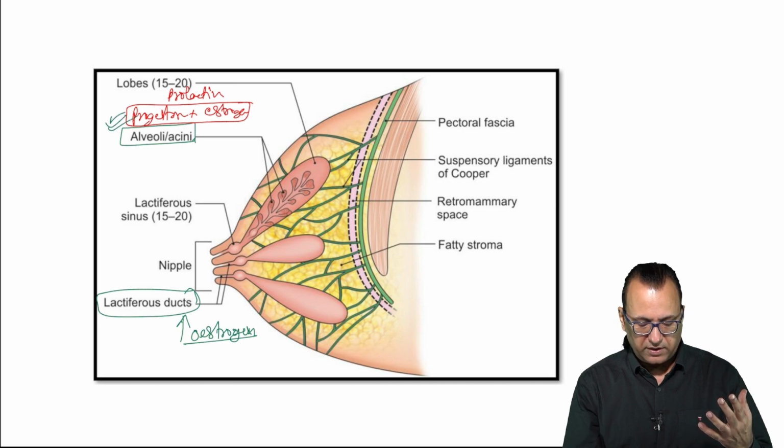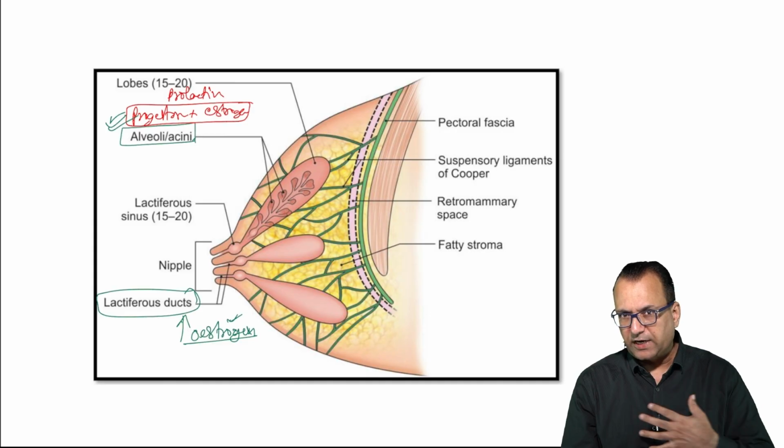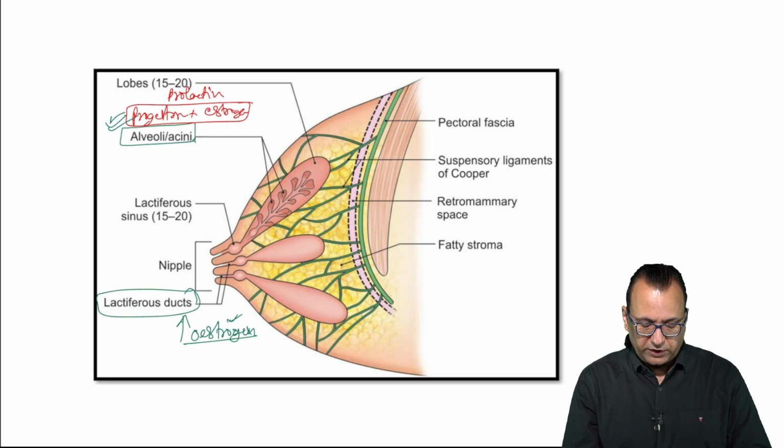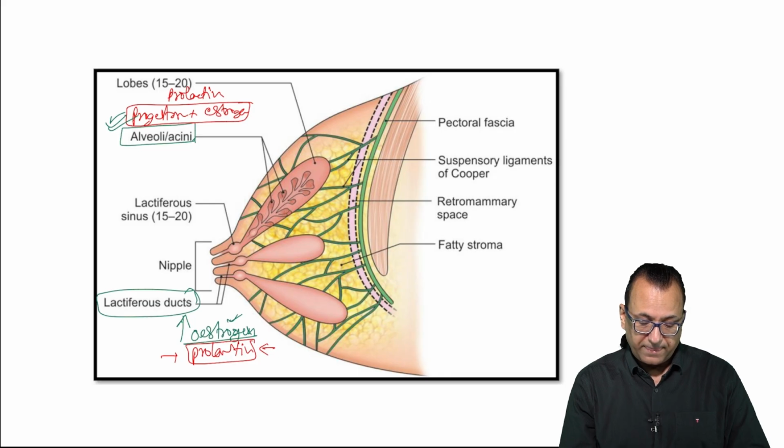Progesterone and estrogen work during puberty or even during the childbearing age, or when there is pregnancy, the baby is inside the mother. So estrogen works here on the ducts, but then prolactin is also working, especially post delivery. That is what we have to remember.